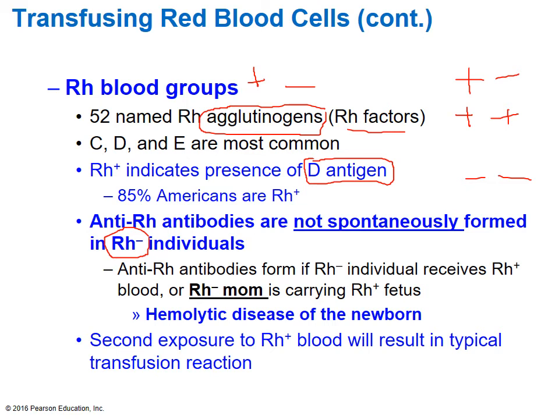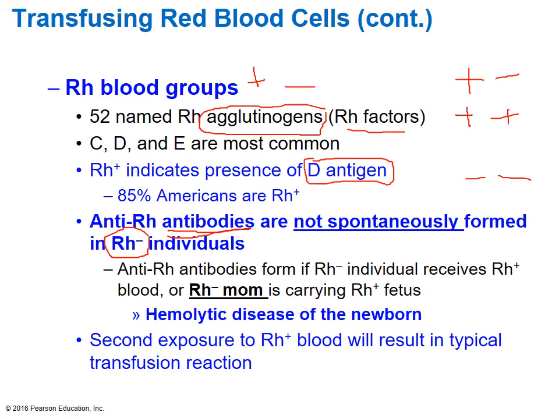So you will start producing antibodies against Rh only when you're exposed to it. It doesn't spontaneously form like the ABO blood type, where you get your anti-A and anti-B automatically. Usually when you're about 10 months old, you start producing them, but that's a spontaneous formation of those antibodies.